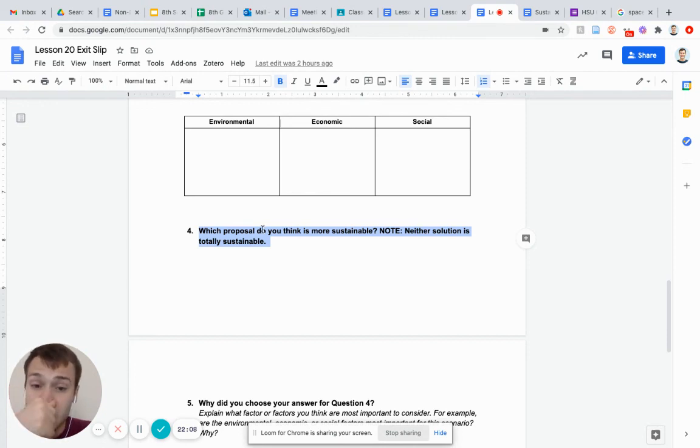I want to note, neither solution is totally sustainable. Both solutions have problems. They both have disadvantages. It's for you to choose which one you think is better. Neither one is perfect, but you have to choose one, and you have to explain why.